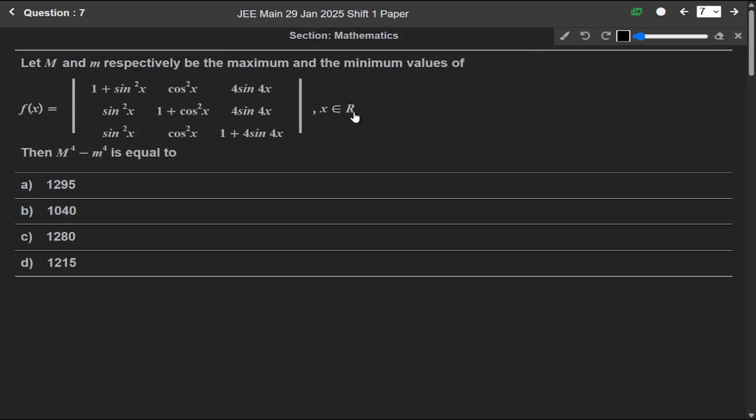Now question 7. We are given f(x) as a determinant, and let capital M and small m be the maximum and minimum value.